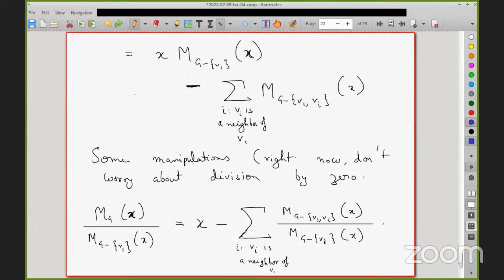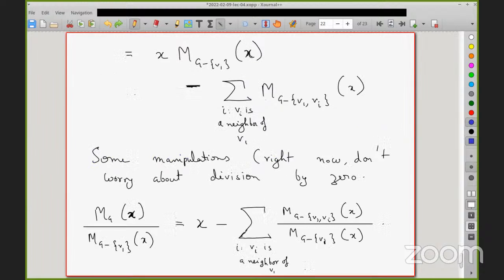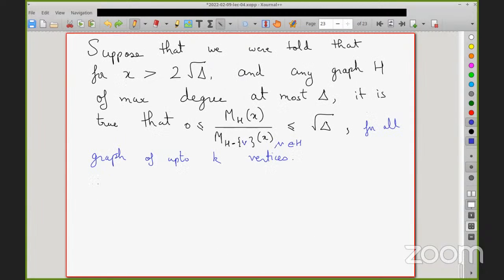By the way, this is true for all v, it doesn't matter because it's for any graph. When I say H minus v, I assume that v is actually in H. This thing already tests the induction.